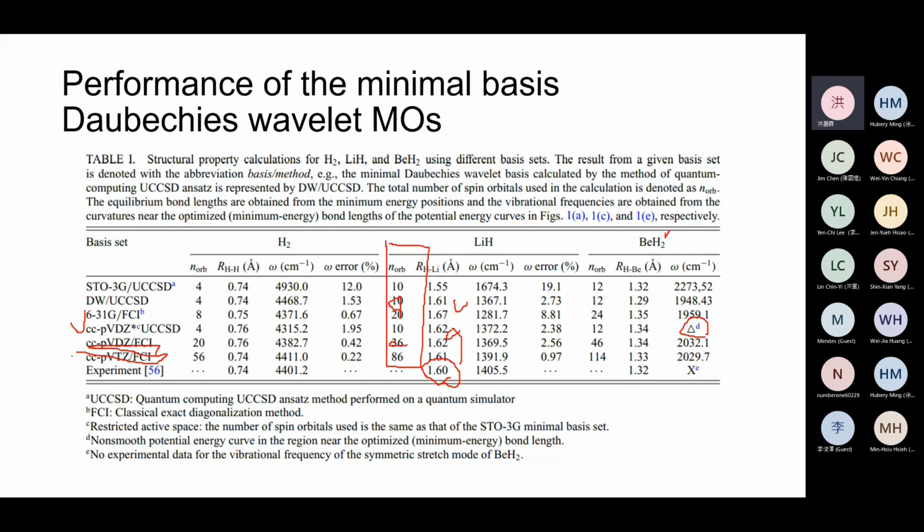But in this beryllium hydride problem, we cannot calculate its vibrational frequency, since near the balance structure the answer is non-smooth. And since we cannot calculate the vibrational frequency, we cannot guarantee that for an unknown molecule with this procedure, we can predict a good property of the unknown molecule.